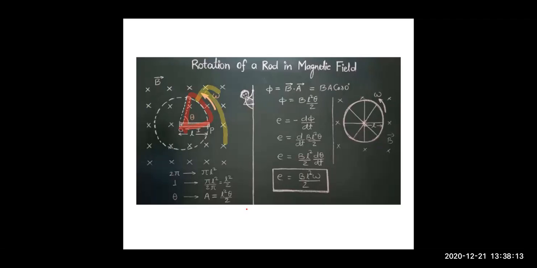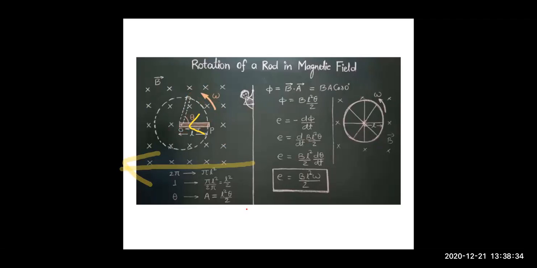Then the middle finger gives you the direction of induced current. The middle finger is pointing towards left, so current will be produced from P to Q.